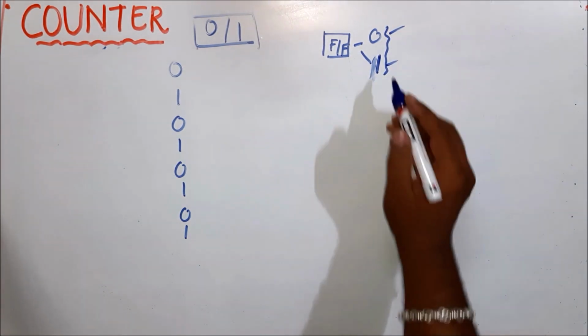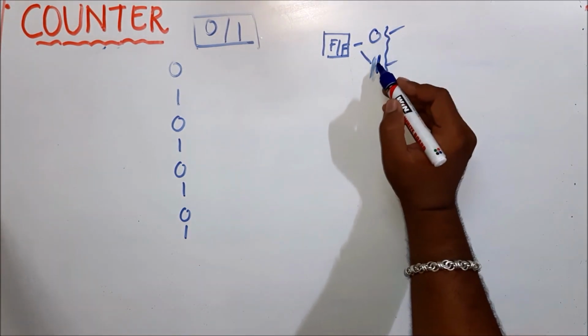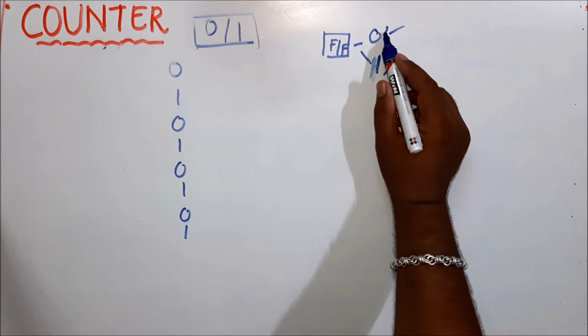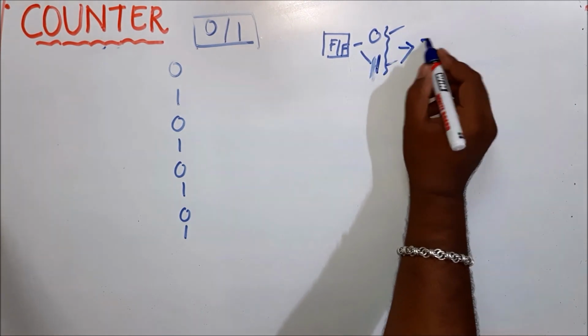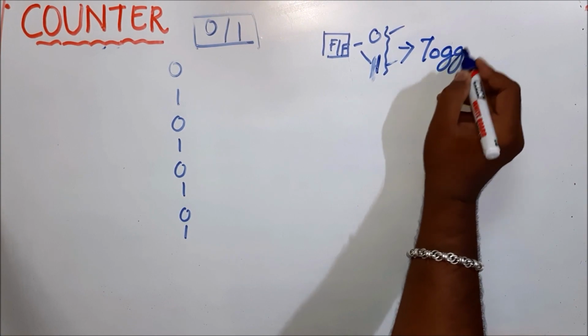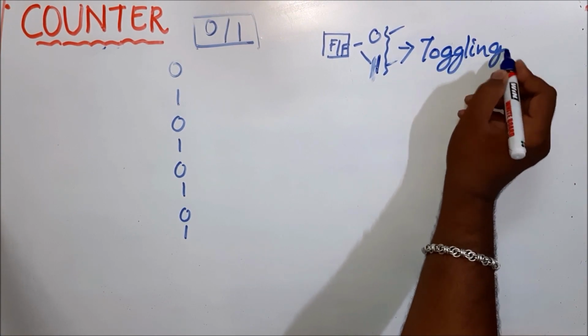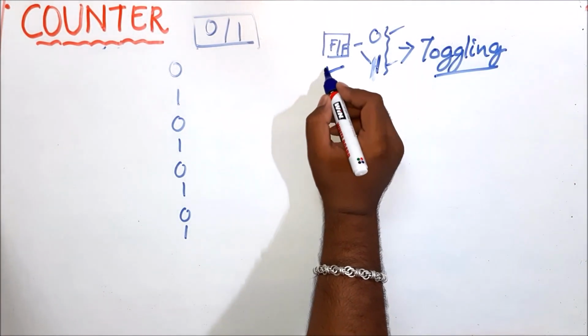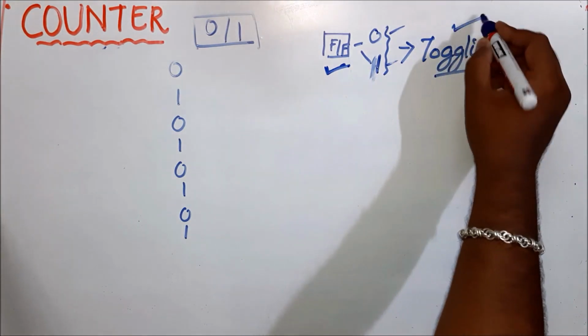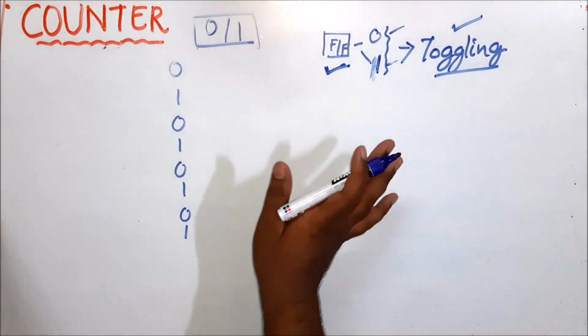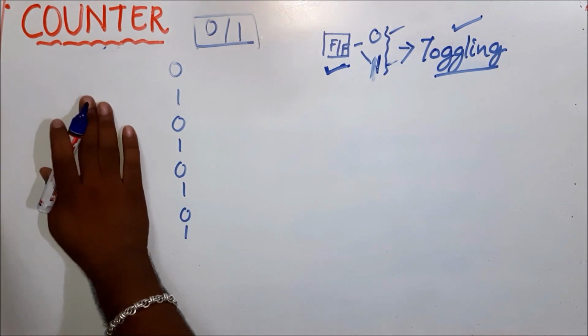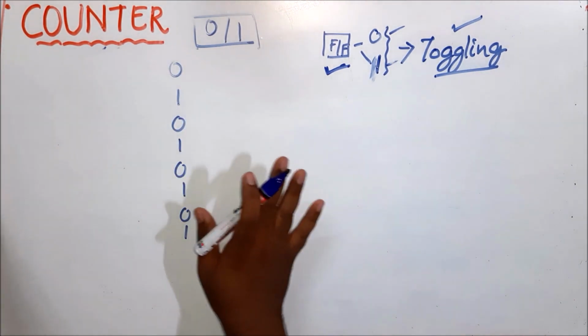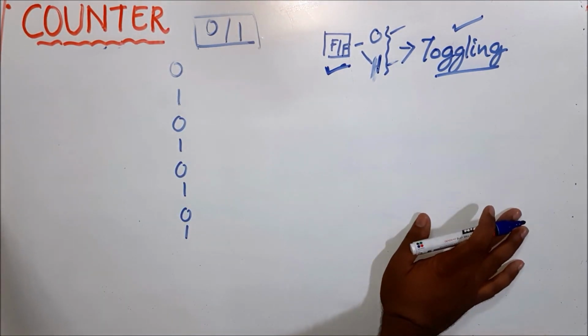When 0 is changing to 1 or 1 is changing to 0, it's called toggling. That means a counter basically depends upon the toggling principle. That is why the design of a counter depends upon flip-flops that can give a toggling operation.